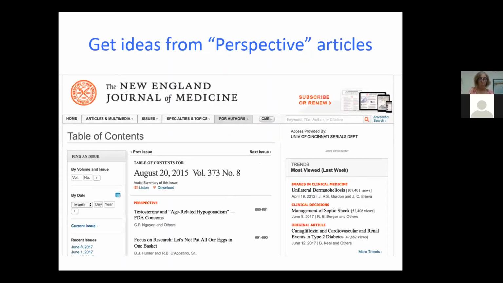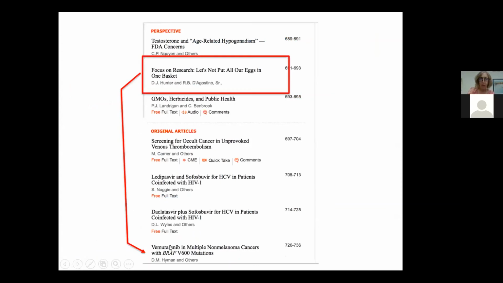Okay, this is what I was talking about, getting ideas from perspective articles. So here's the New England Journal of Medicine. Look, here's perspective. And here's one, focus on research. Let's not put all our eggs in one basket. What that's actually referring to is this scientific paper on a drug, a clinical trial about treating patients with a particular type of mutation.